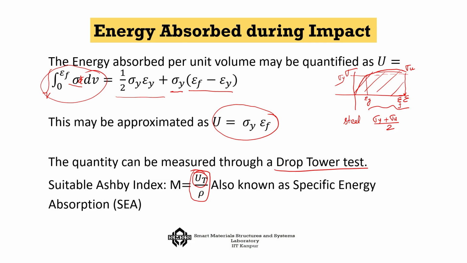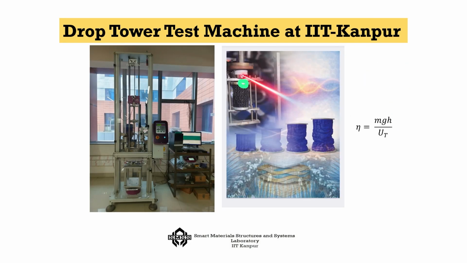Now, if I look at a drop tower test, it somewhat resembles this. You can see that from the top there is a weight that is coming down and hitting the system. Then we have transducers and sensors to measure how the strain is happening in the stress strain diagram, corresponding to the load that you are applying.